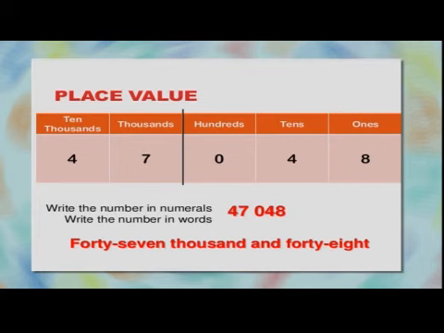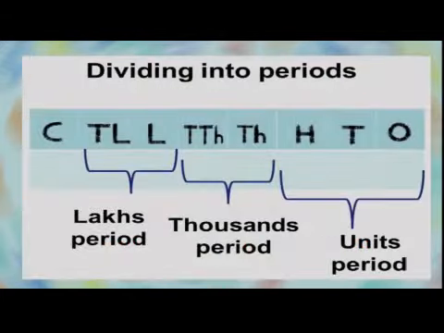But numbers with more than 5 digits are named and written differently. In the Indian system of numeration, the first period is the ones period, that is the unit family, which consists of 3 place values: ones, tens and hundreds. Then the remaining periods to the left of the ones period will have 2 digits each, namely the thousands family, lakh family and crore family.